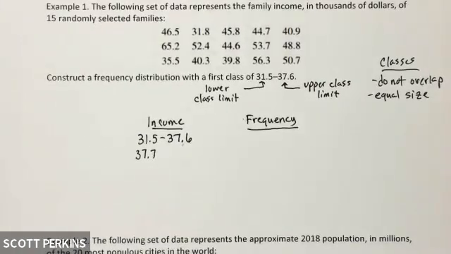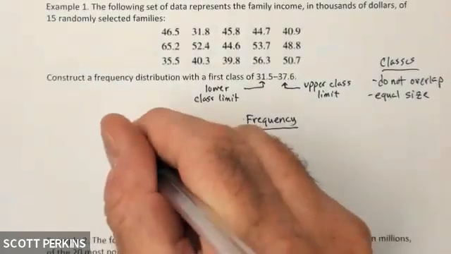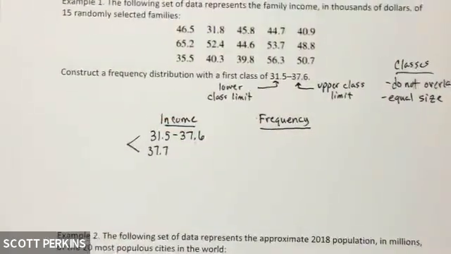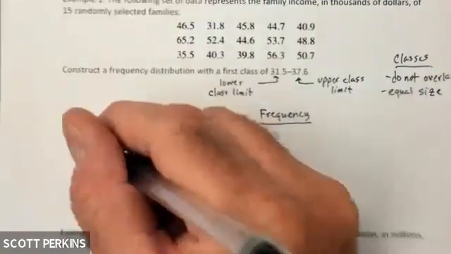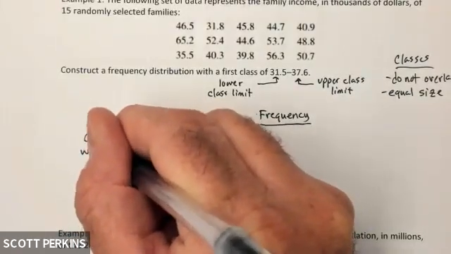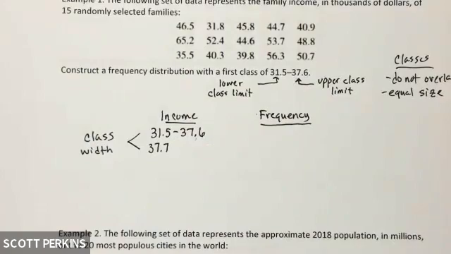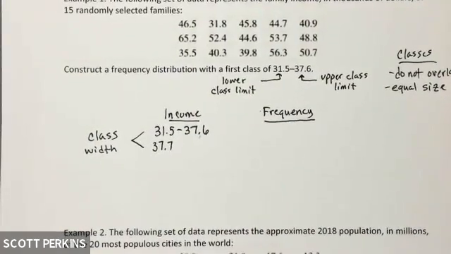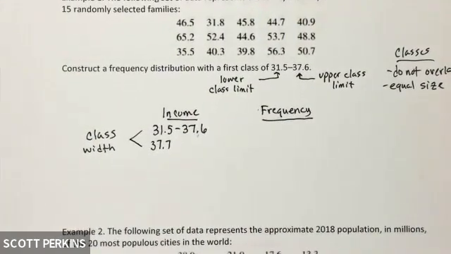And the reason that is the most important thing for you to understand about making your frequency distribution is that now that you have two consecutive lower limits, you can determine what's called the class width. I'm going to define that for you because this is the most commonly missed part of making a frequency distribution. Once you can get this, making one is not really a big deal at all.